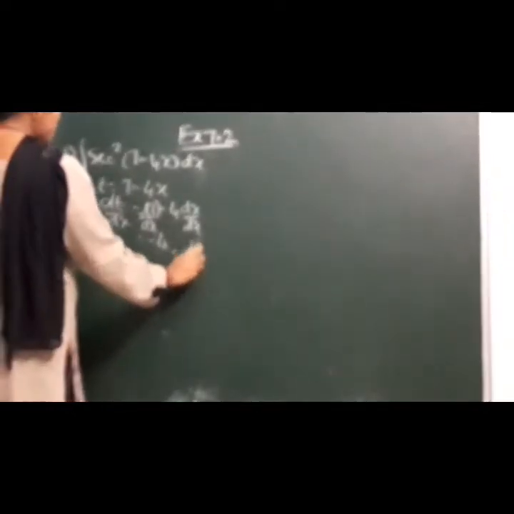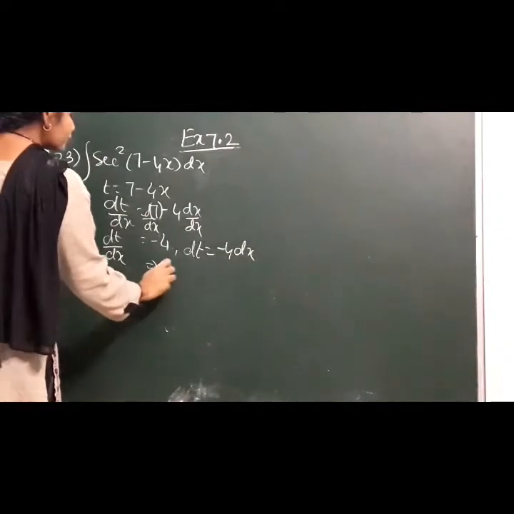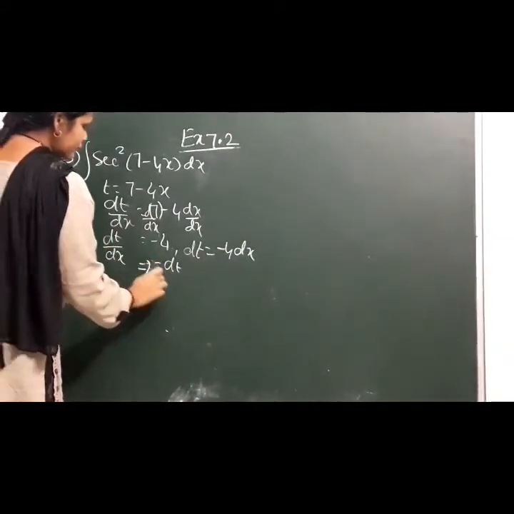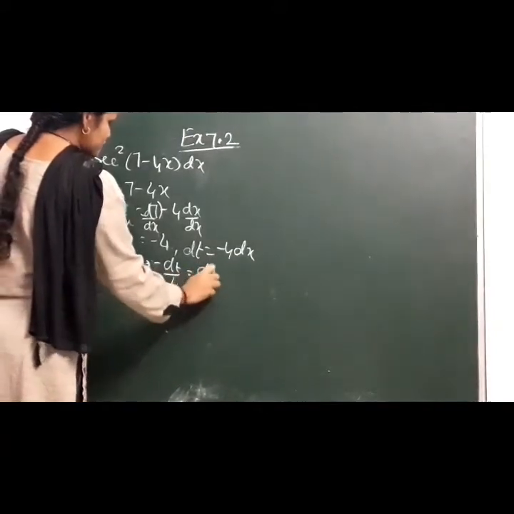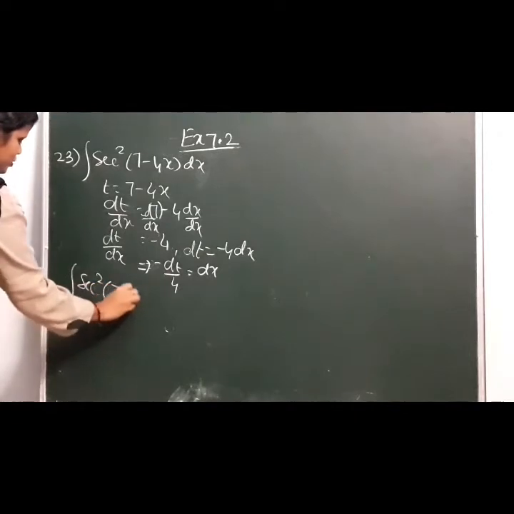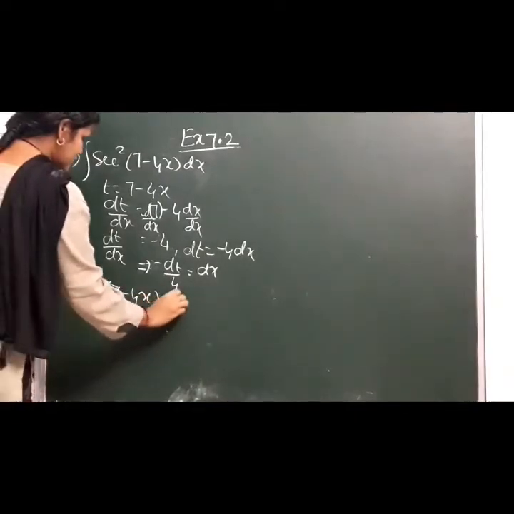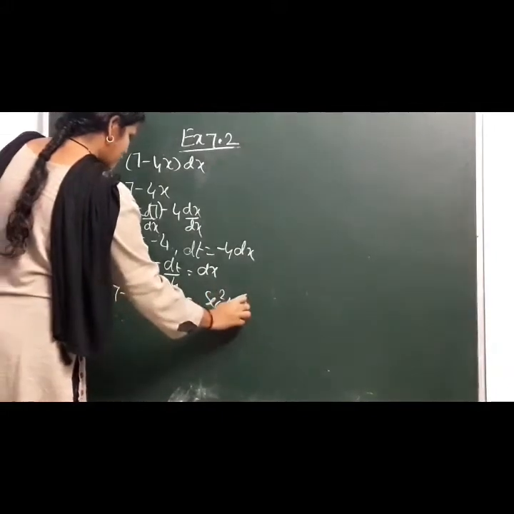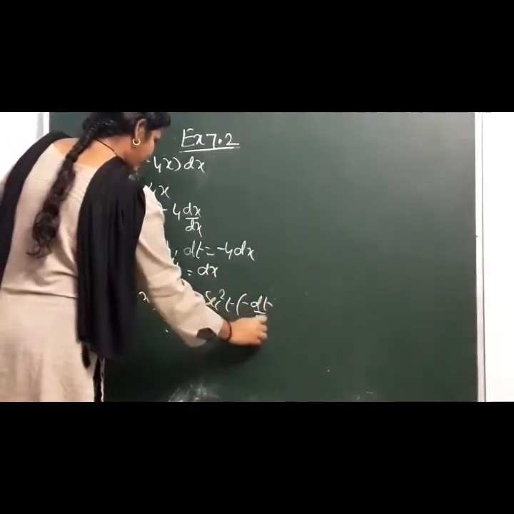So dt is equal to minus 4 dx. So dt by minus 4 is equal to dx. So the question converts like that: secant square (7 minus 4x) dx is equal to secant square t times minus dt by 4.